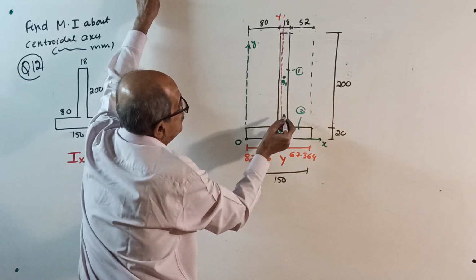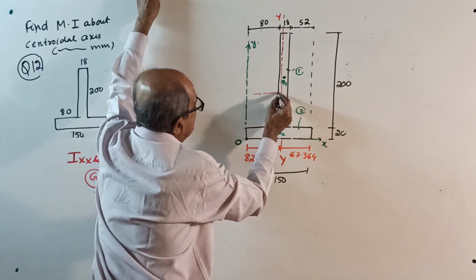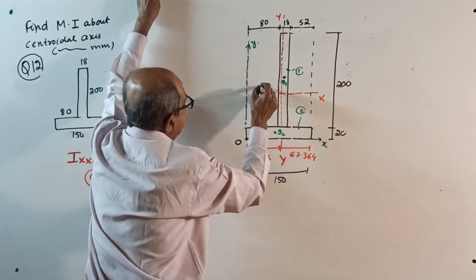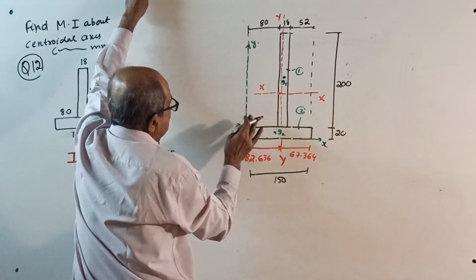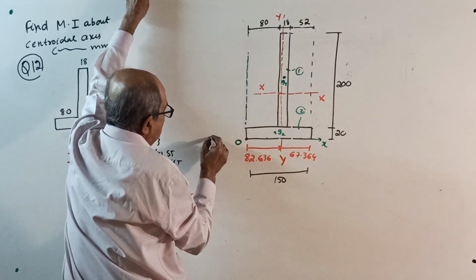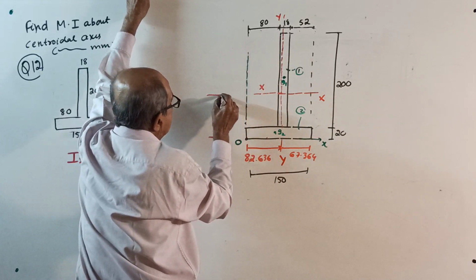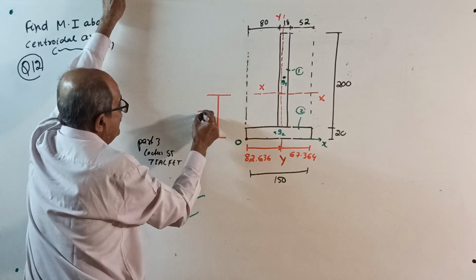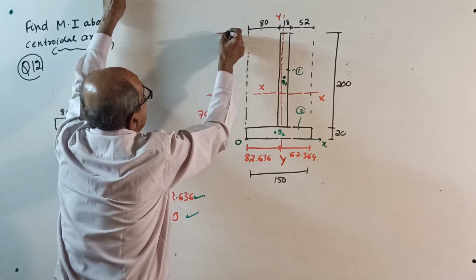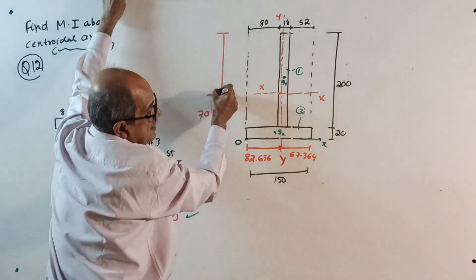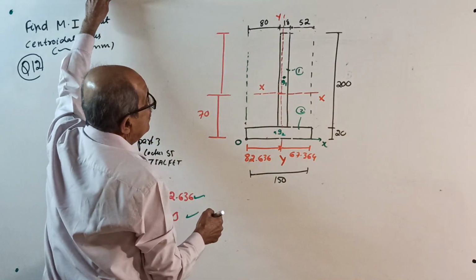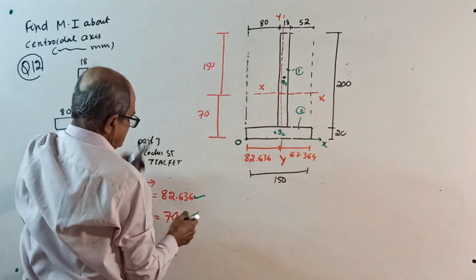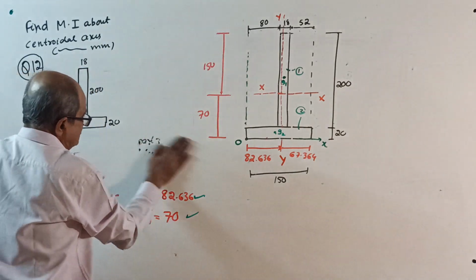So 200 somewhere here. This is your XX axis. This is your Y bar equal to 70. If that is 70, from the top edge, total is 220, it will be 150. Okay, start. This is all clear.